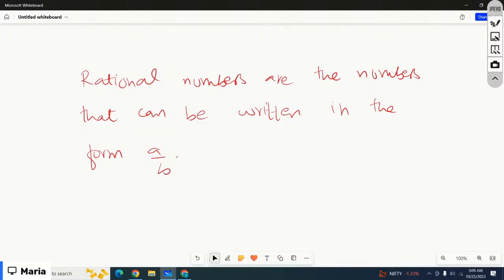That is the definition of the rational numbers. Any number that you can write in fractional form is a rational number, right? So 1 over 2 is a rational number.